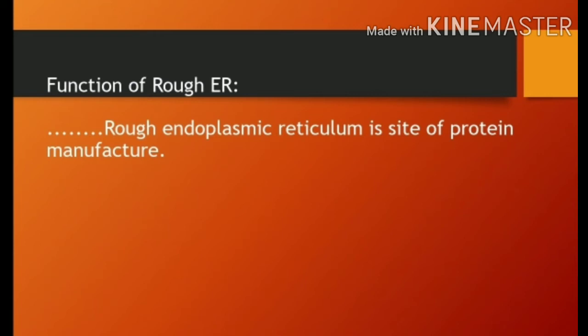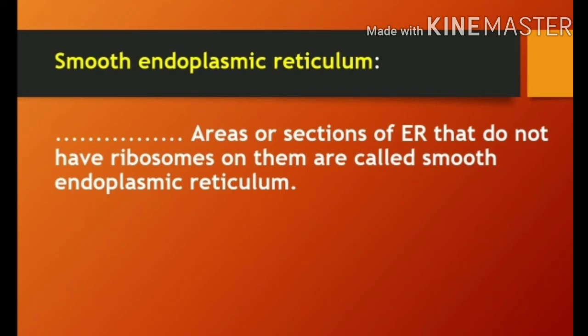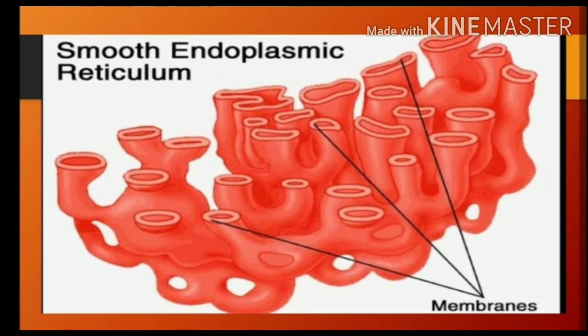Now we are going to study about smooth endoplasmic reticulum. What are these? The areas or sections of endoplasmic reticulum which do not possess ribosomes are called smooth endoplasmic reticulum. You can find this in the above slide about smooth endoplasmic reticulum which contains membranes without ribosomes.